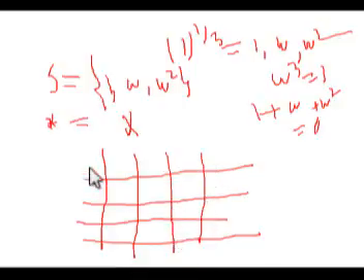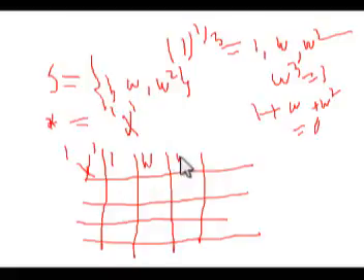Now look, the binary operation I am taking is multiplication. Here with 1, omega and omega square, I am verifying whether it satisfies the closure property or not.